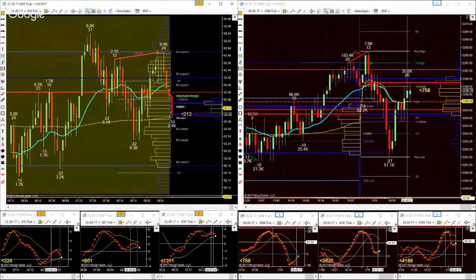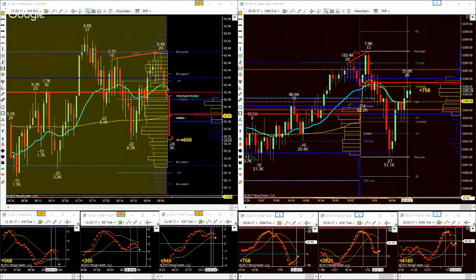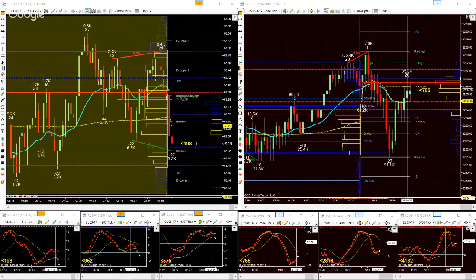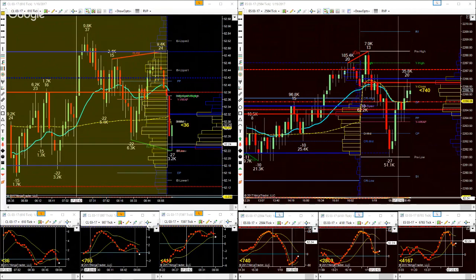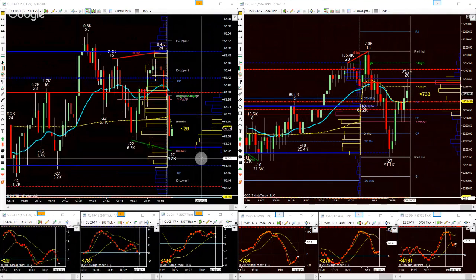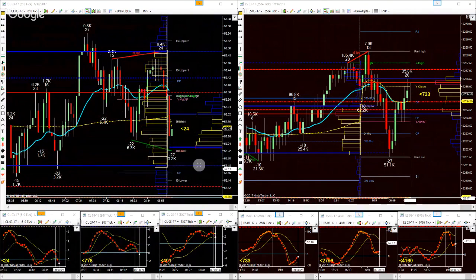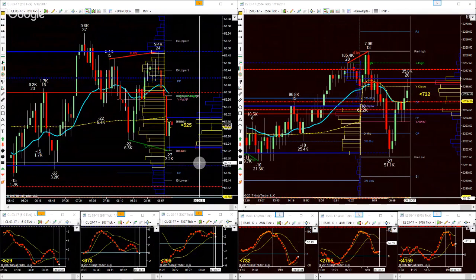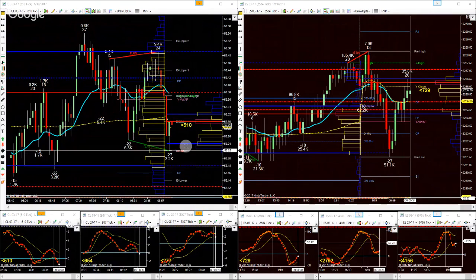I'm actually also going to draw in yesterday's VPOC since we don't have that. There it is. Nice. Okay. So open push didn't quite get to yesterday's VPOC.